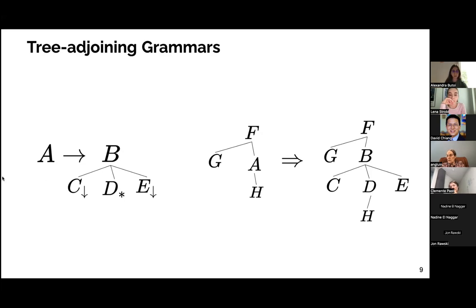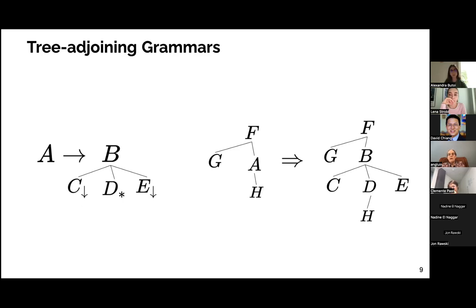So a tree-adjoining grammar has rules of the form shown on the left. And actually, one important point is that we use a slightly different definition of tree-adjoining grammars than the famous one. This is inspired by a paper of Lang, which uses rewrite rules instead of trees.